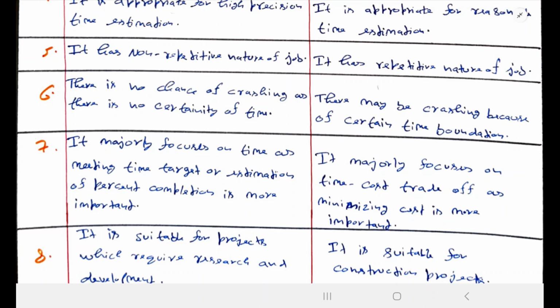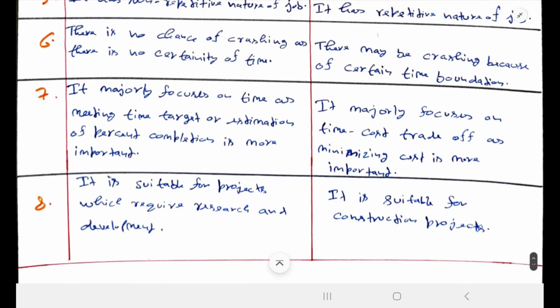It means in PERT we cannot repeat a single activity again, but in CPM we have the facility to repeat the nature of a job. In PERT there is no chance of crashing as there is no certainty of time. In CPM there may be crashing because of certain time boundation.